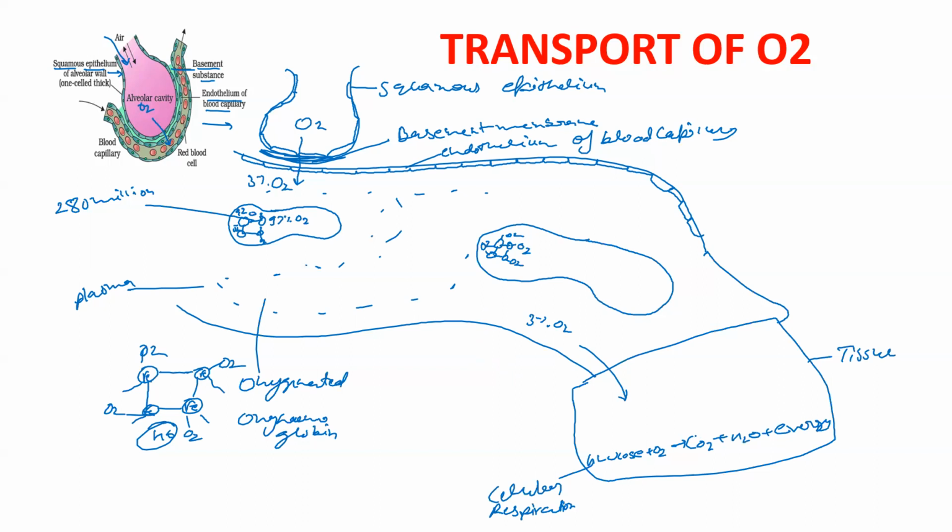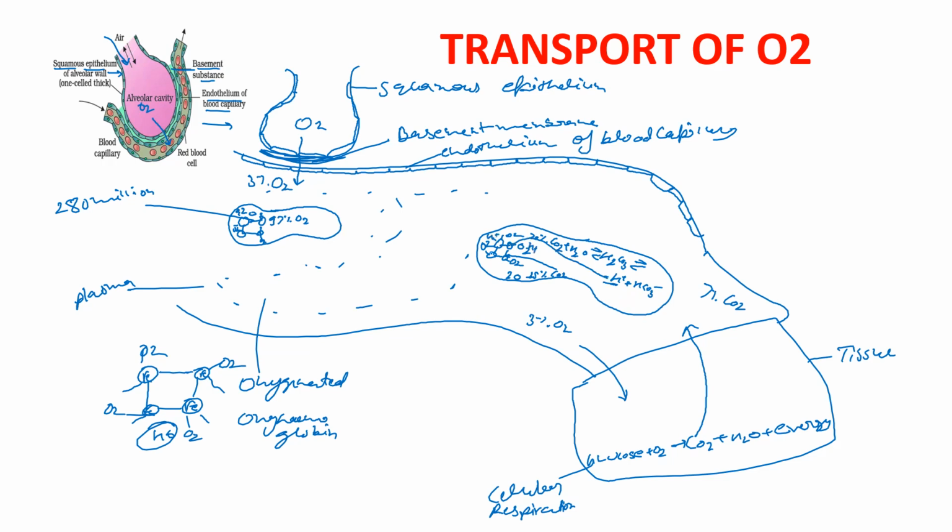First, the CO2 which is released by tissue goes out in plasma. 7% CO2 dissolves in plasma. 20 to 25% CO2 attaches to the hemoglobin, and the rest 70% CO2 combines with water and produces carbonic acid which quickly breaks down into hydrogen ion plus bicarbonate ion. This hydrogen ion will also attach to the hemoglobin.